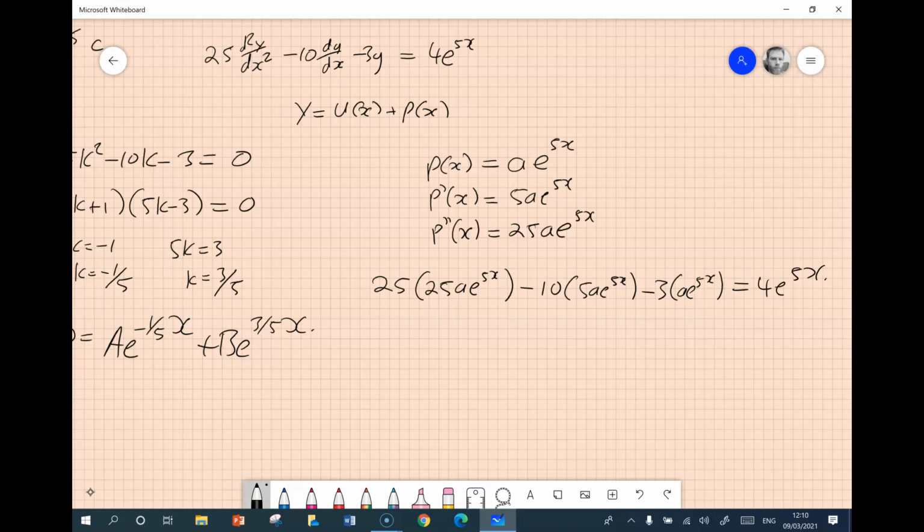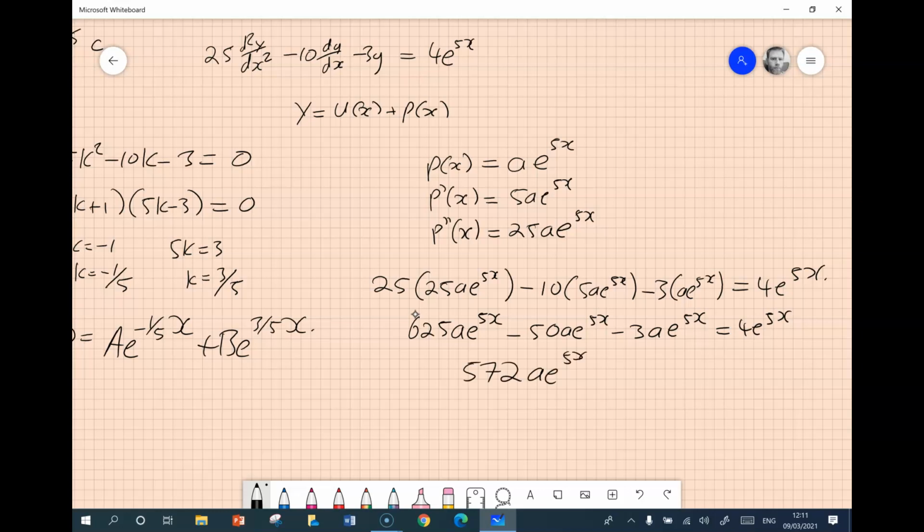Okay, so working that out, that's 625ae to the power of 5x minus 50ae to the power of 5x minus 3ae to the power of 5x equals 4e to the power of 5x. So we've got to tidy all those pieces up. 625 minus 50 minus 3 is going to give us 572ae to the power of 5x equals 4e to the power of 5x.